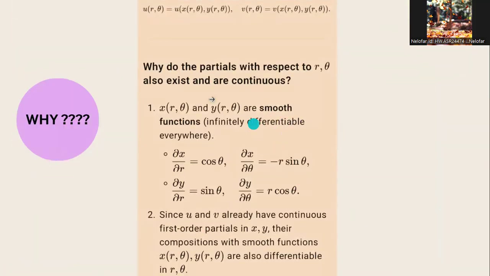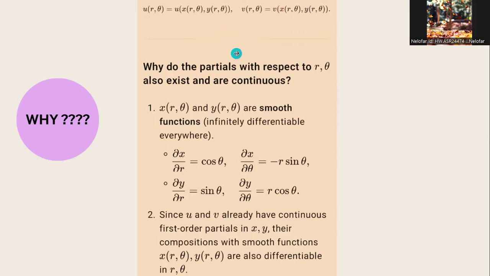Since we are using the coordinate transformation x equal to r cos theta and y equal to r sin theta, u r theta can now be expressed as a composition of such functions, and v r theta can be expressed as v of x r theta, y r theta, where x and y are now the functions of r and theta because x equal to r cos theta and y equal to r sin theta.